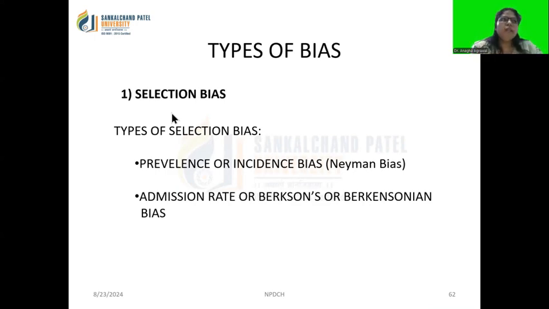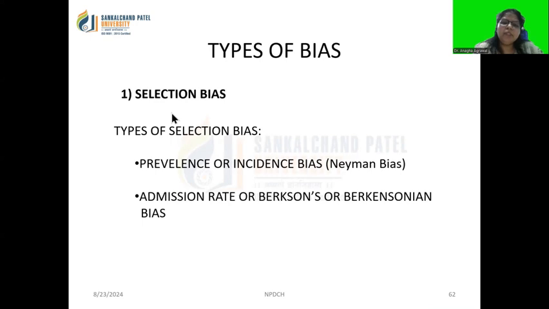If the investigator has his own agenda and wants to do the study in his own way, some bias will occur. Or, at the time of admission, if you admit during an epidemic, the representation will be different compared to when you admit patients normally.